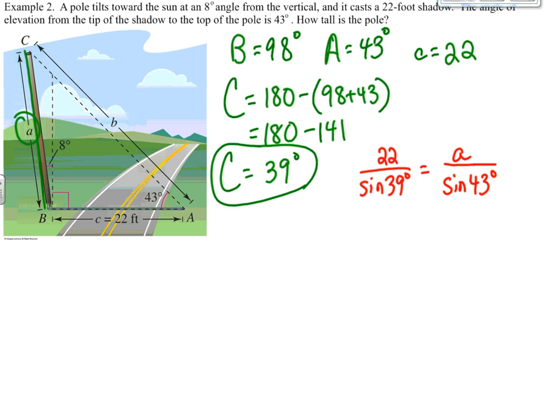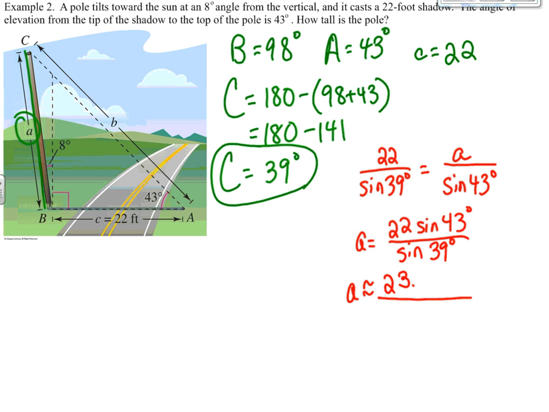Cross multiplying, I get a equals 22 sine 43 degrees divided by the sine of 39 degrees. Take a minute and see what you get for that height of that telephone pole. And if you took a moment to do that, you should have gotten 23.84 feet is the height of that pole from using the law of sines.